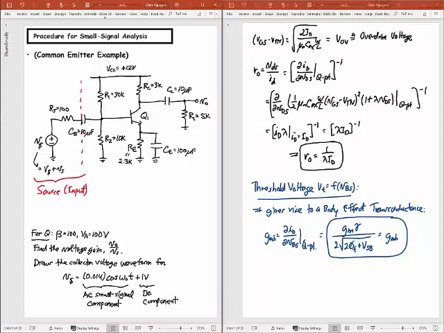And you notice what this is. It's the voltage together with a resistor. So this is a Thevenin equivalent that I'm drawing here. Okay, that's my source. This part right here, all the way up to this point, this is my amplifier.